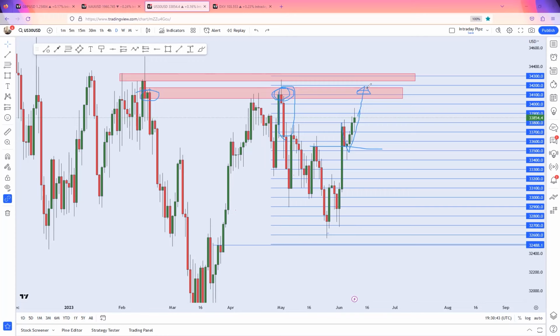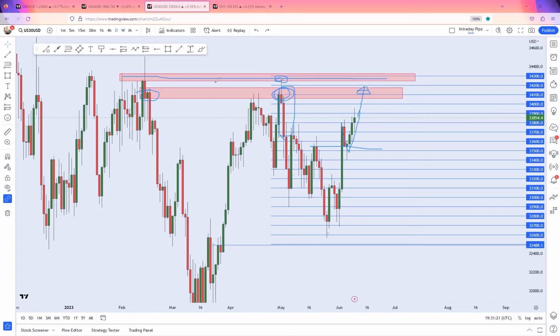So I'm expecting a second respect at that point, or price would just push a little bit higher to reference this zone once again, which we could see price did reference previously as well before having this strong drop. So this is on the daily time frame. I'm not going to be looking out for anything sell on US30 this week unless it's a very short-term trade. So overall for the week, it's bullish for me technically.